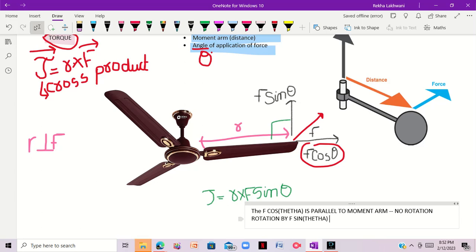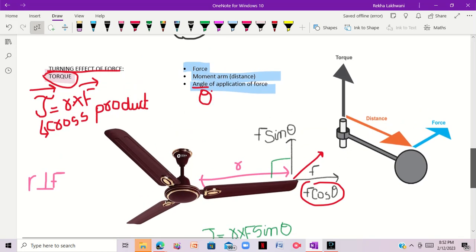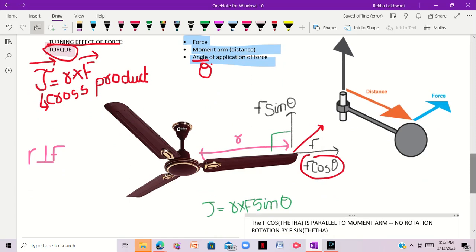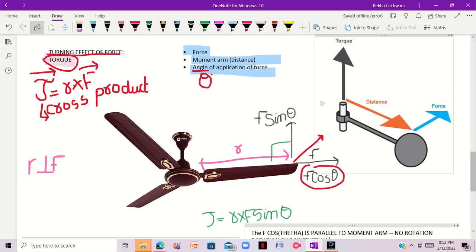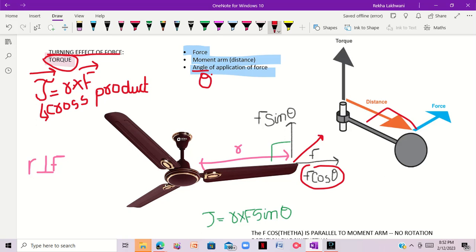By this you have understood that the moment arm and the force should be perpendicular to each other in order to rotate something. Here we had the fan, but we can have anything else. You can see in this picture too that the distance and the force are perpendicular to each other.